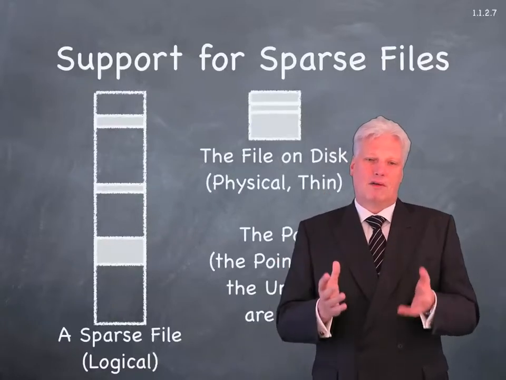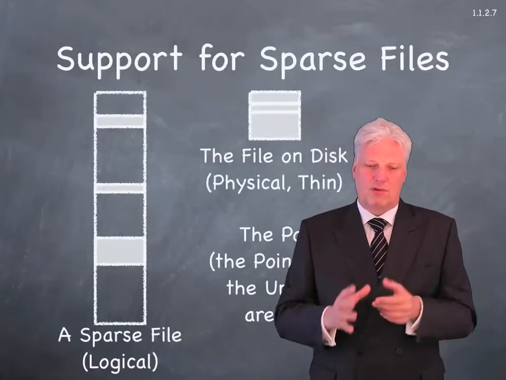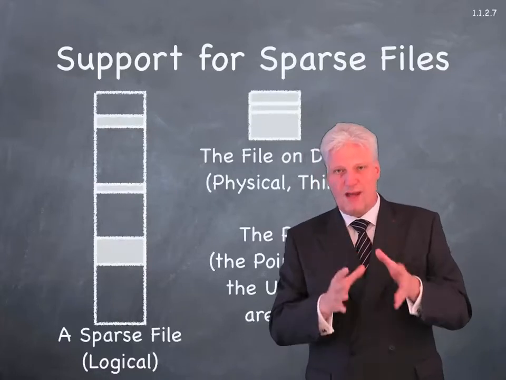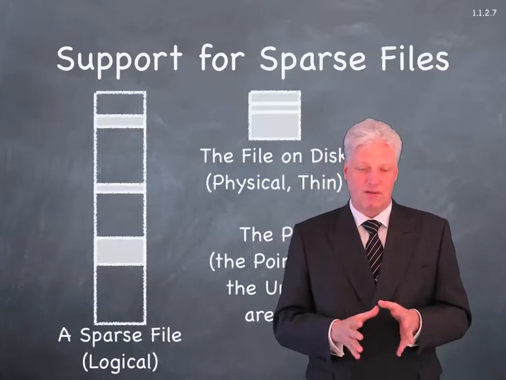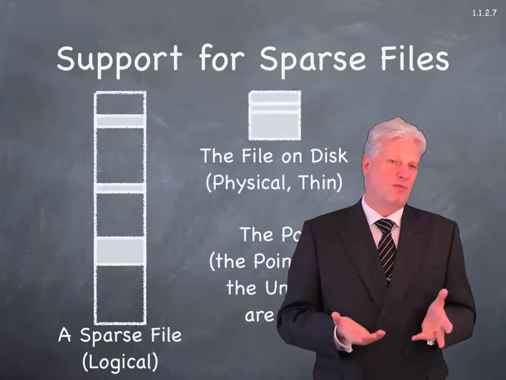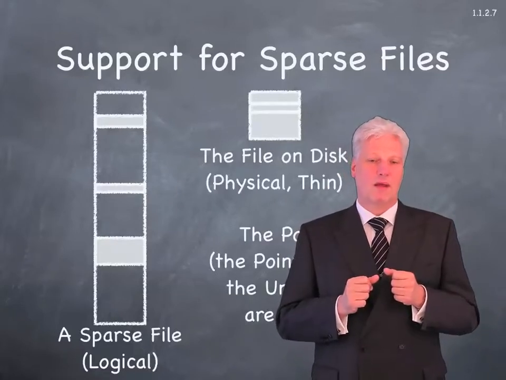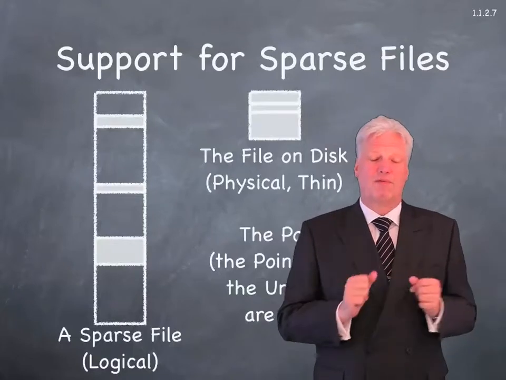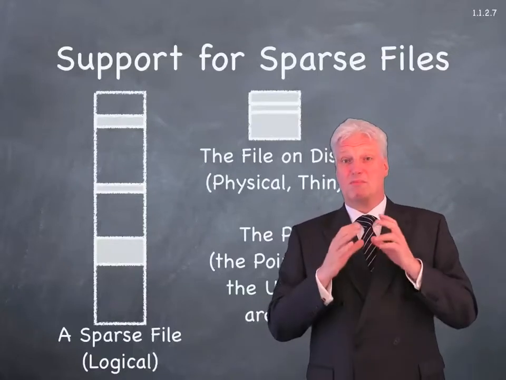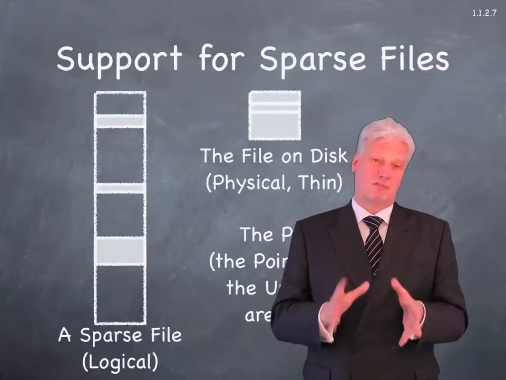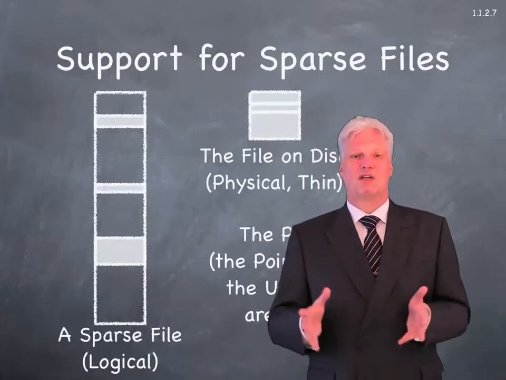Now, a filer, a NetApp storage system, will always create sparse files for all of the LUNs. So if it's only going to use up a few gigabytes, it's actually only going to take up a few gigabytes on a disk as well. And if we go thin, if we do thin provisioning, we can actually save massive amounts of space thanks to sparse files.